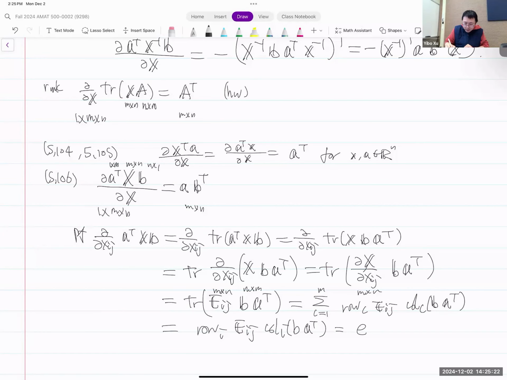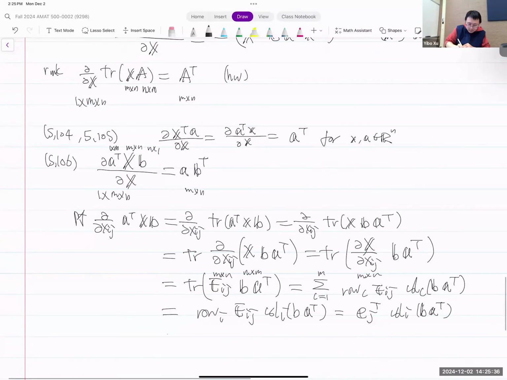And that is EJ transpose, column I of BA transpose. So now we have column I of BA transpose, and now I'm picking up the jth row. Okay. So this is BA transpose JI.